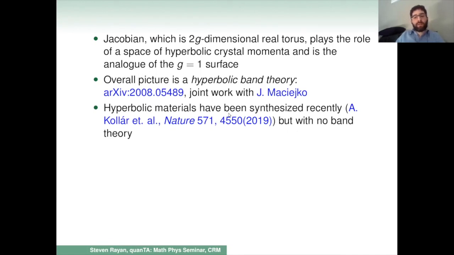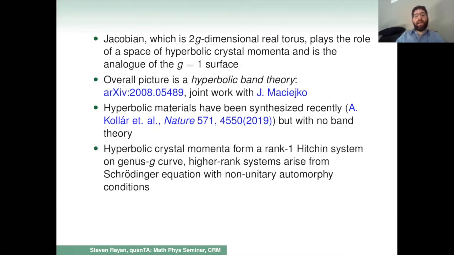Hyperbolic materials have actually been synthesized recently, artificially, by Alicia Kollár and her group, but they remark in their paper that there's no corresponding band theory. And that's what our work provides. But there's a hint of a much larger picture here, because really what we're saying is that the hyperbolic crystal momenta form a rank 1 Hitchin system on a genus G curve.